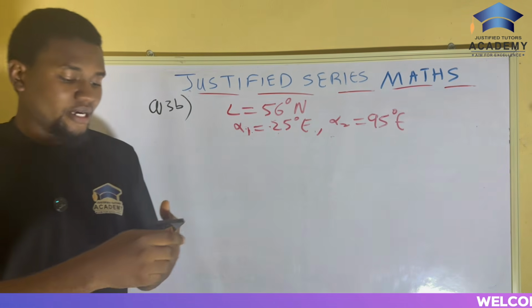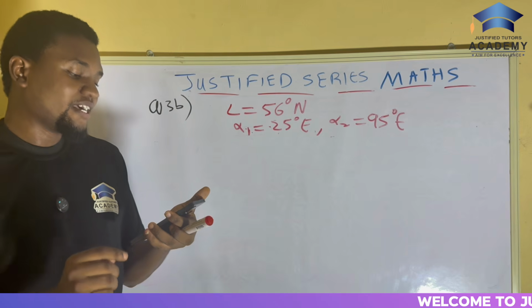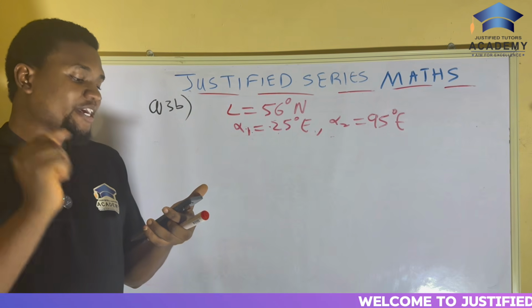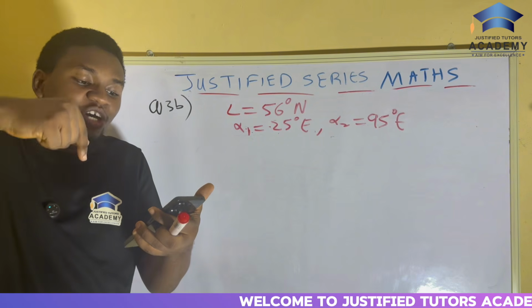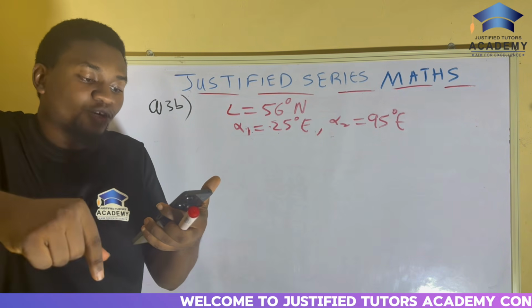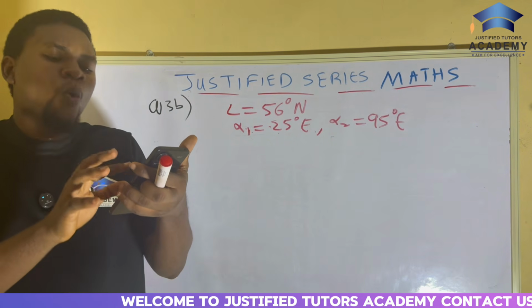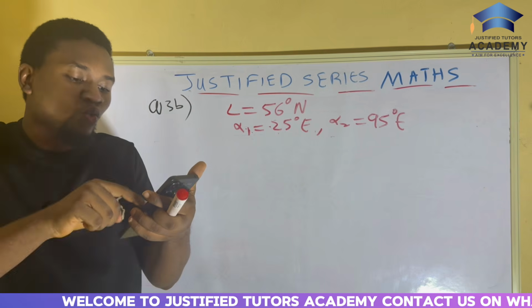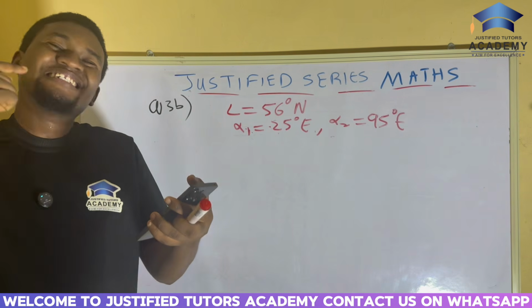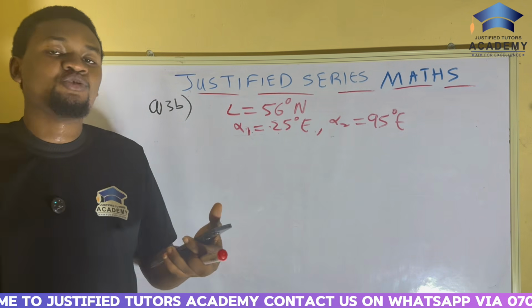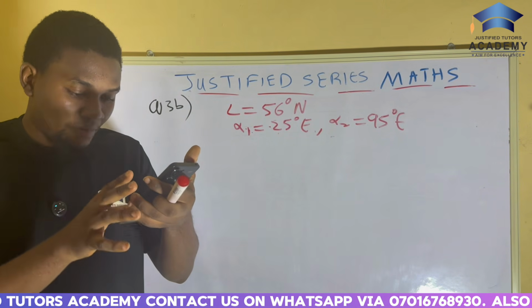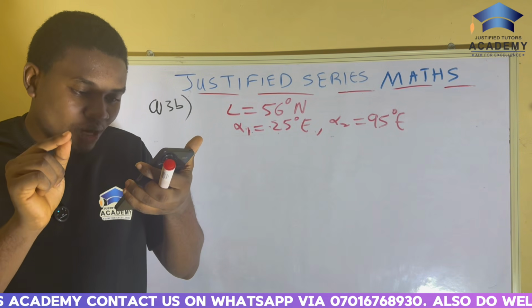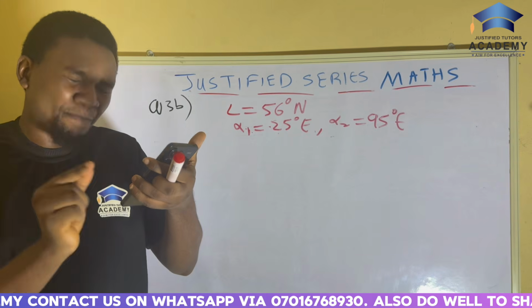Now, they said next, find the distance PQ along their parallel of latitude. Now, they are saying you find the distance between PQ along the parallel latitude. And what did I tell you is the formula you use when you are told to find the lines of latitude? Lines of latitude and along their parallel latitude is the same thing.